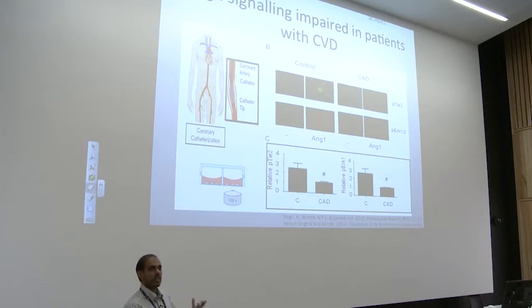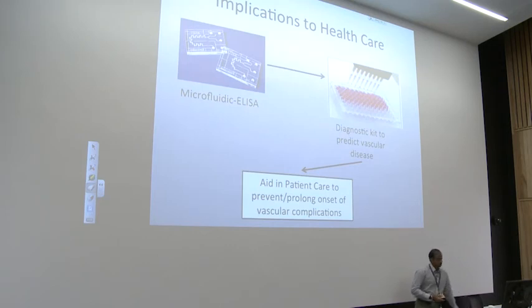So that shows some indication that these molecules do not behave properly in a disease state. That reinforces the importance of this signaling pathway in these vascular diseases and other diseases associated with this particular molecule.